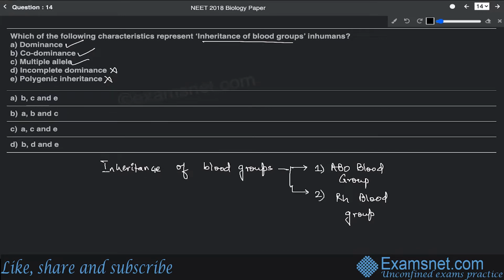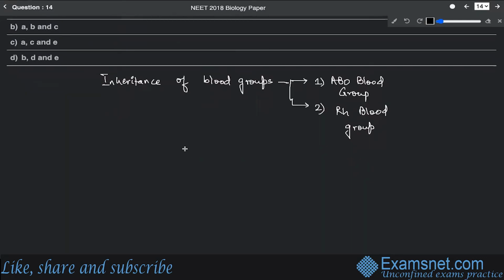So let us take a look at how these three concepts justify it. The first option is dominance. This option is justified in case of Rh blood grouping, because the person having the Rh antigen will be Rh positive, and the person not having the Rh antigen is considered Rh negative.